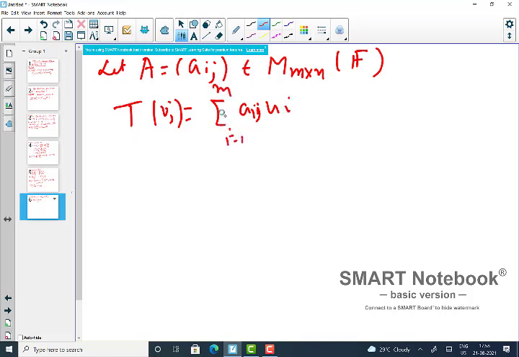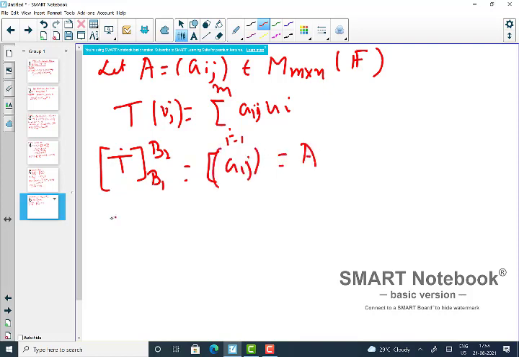Now, we remember from last class, this will be a linear map, so it sends Vj to Uj, and there will be only one such linear map, unique, right? And then if you want to find the matrix with respect to B1, B2, you see that is exactly Aij, which is exactly equal to A, and hence the pre-image of A is nothing but this T, right?